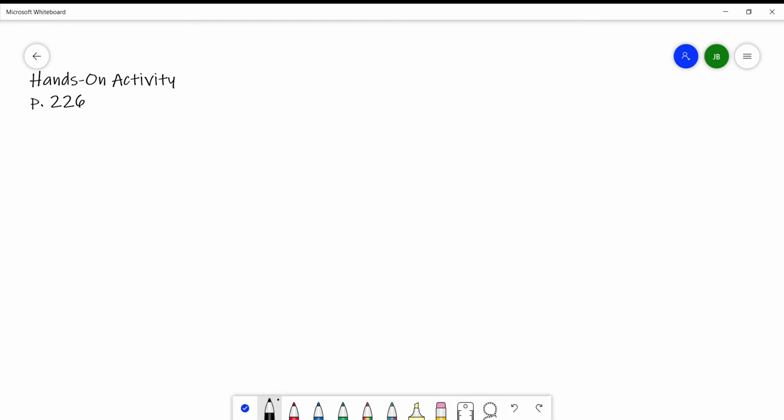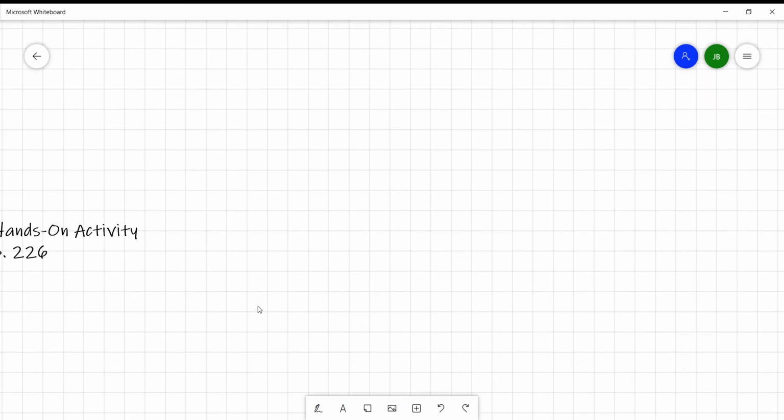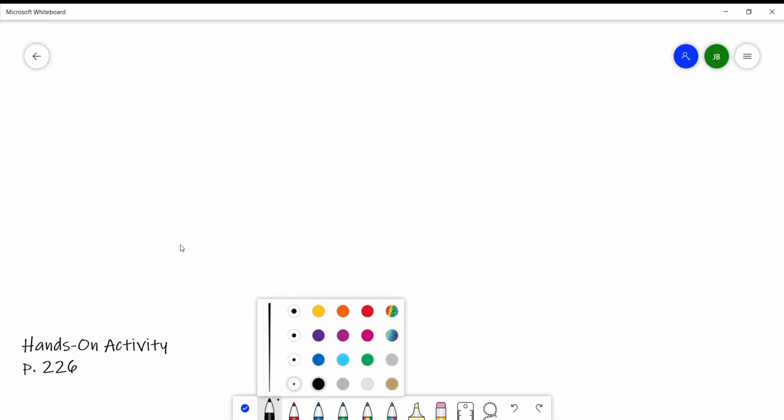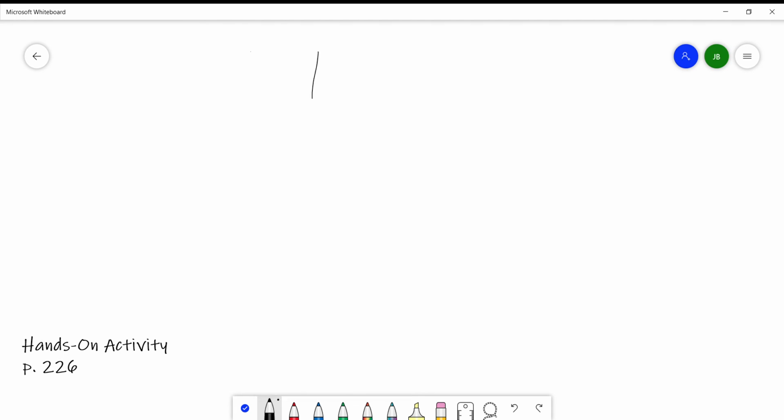So let's start with 16 and 8. Which one is greater? Which one is farther to the right on the number line? It's 16. 16 is greater than 8, which also means that 8 is less than 16 if you read it backwards.